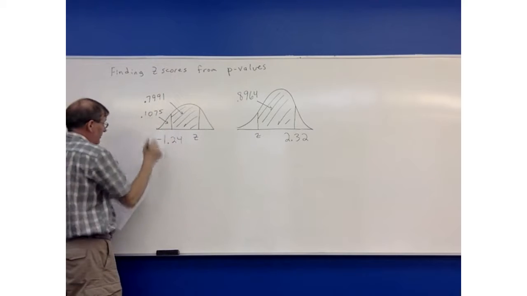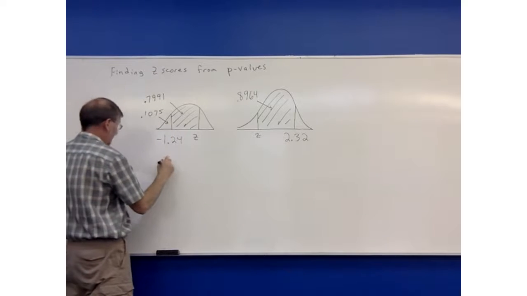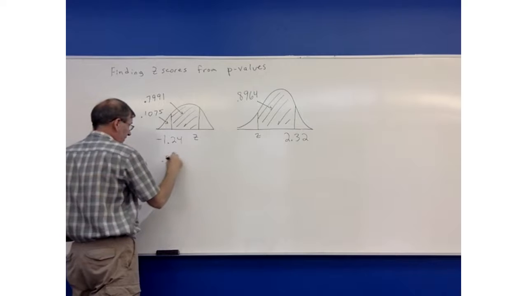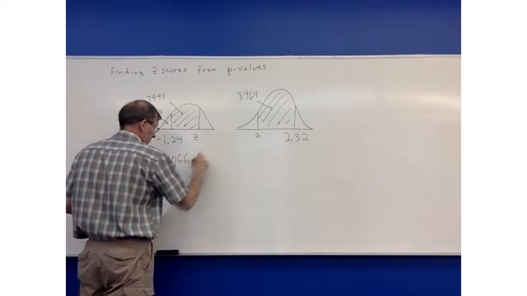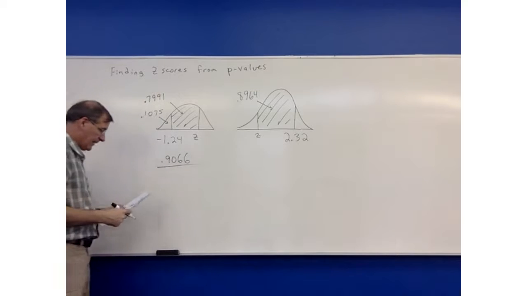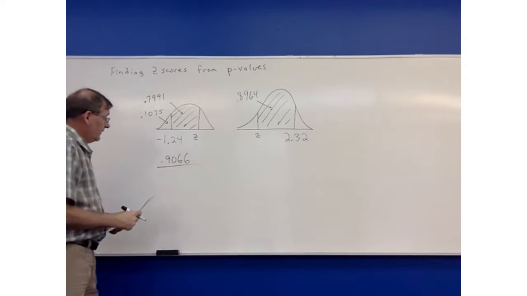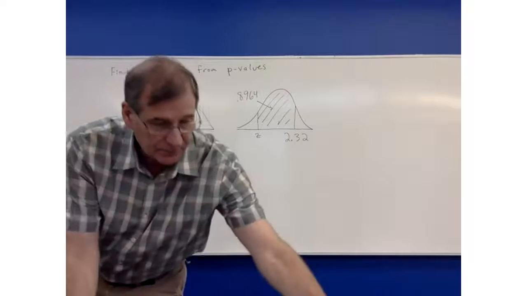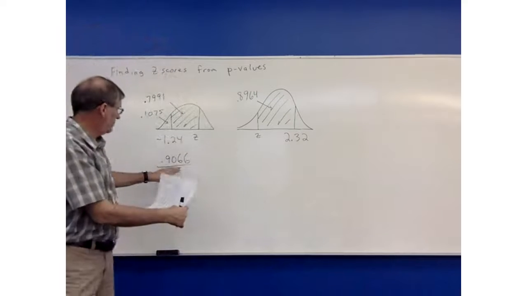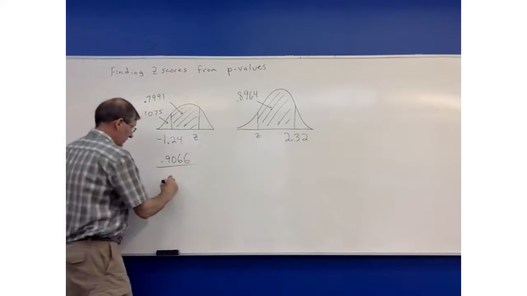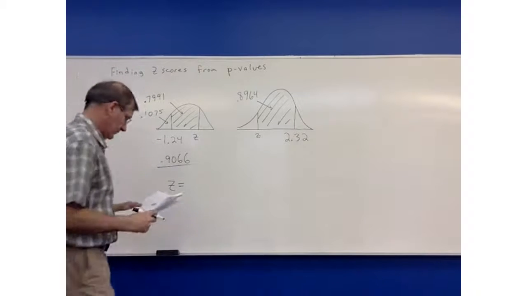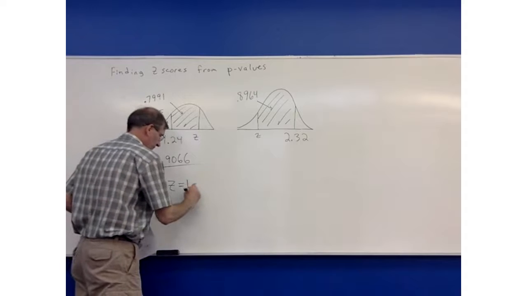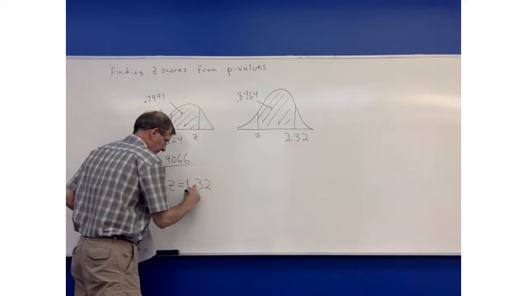If I add these two numbers up, I get 0.9066. Now if we go to our z table and look up 0.9066, we'll find that z equals 1.32.